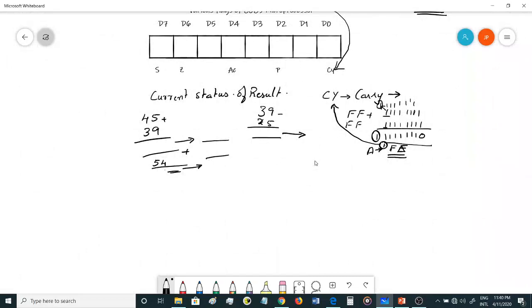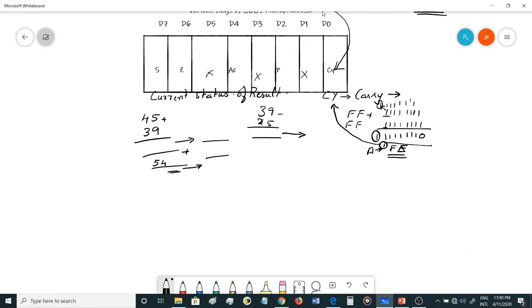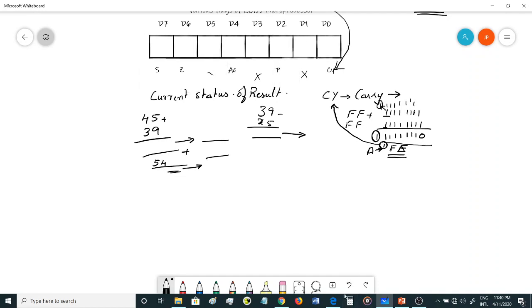Now the next flag here is P. These are the different bits, D0 to D7. It's an 8-bit register. Bits D1, D3 and D5 are not used in the flag register.